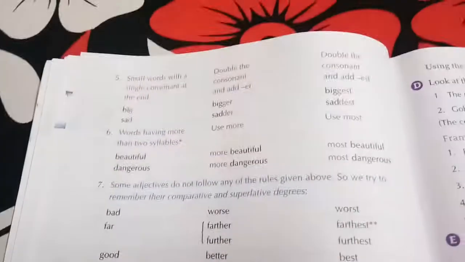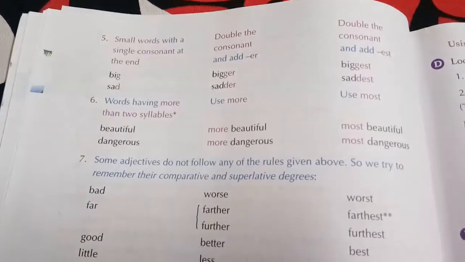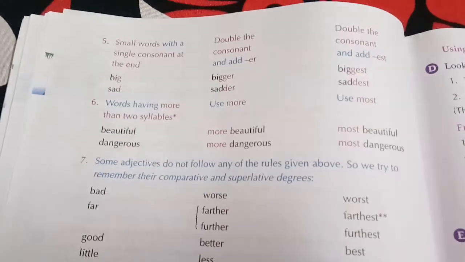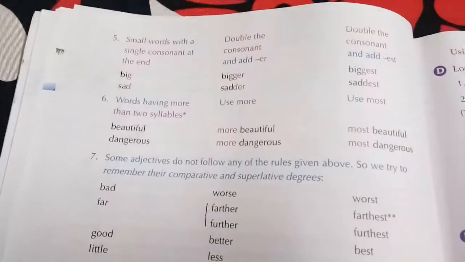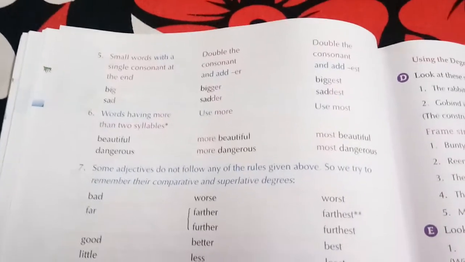Now turn the page. Come to page number 40. Small words with a single consonant at the end, that is big, sad. So we double the consonant which is at the end and add ER to make it comparative.